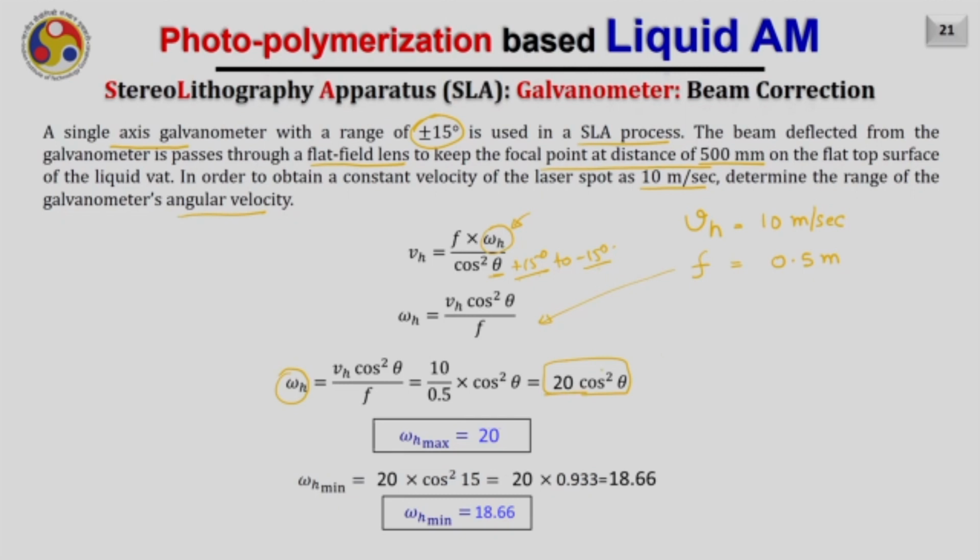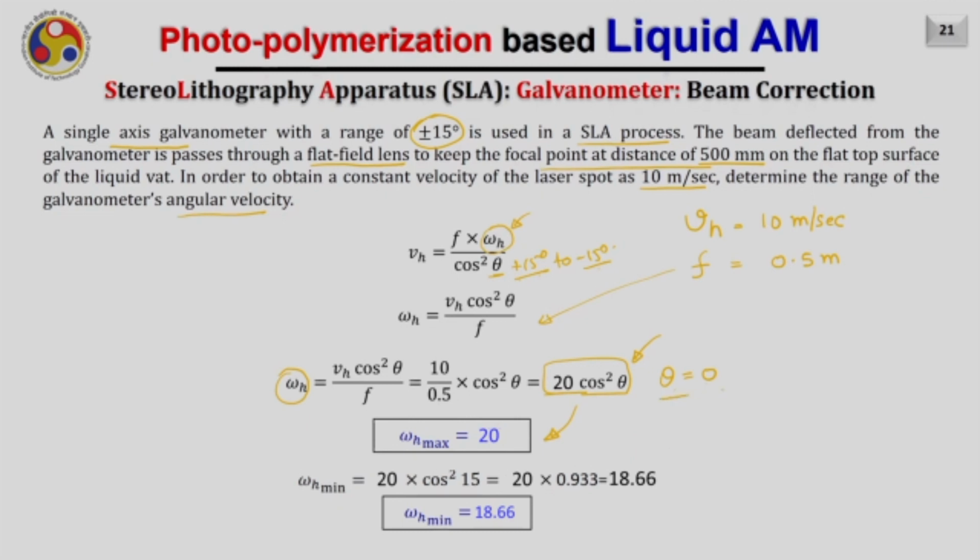Now, the maximum value of this function will be achieved when theta is 0, because at theta 0, cos theta will be maximum. Hence, omega will be 20, and the unit will be rotation per second.